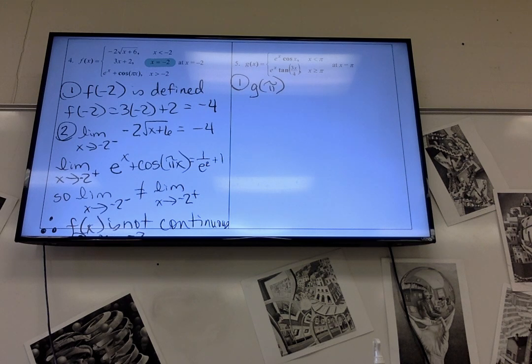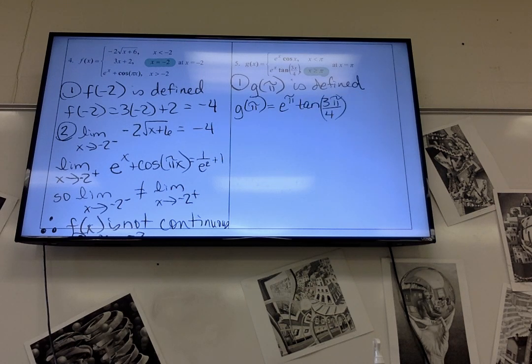Yes, let's see, actually, yes, it is, right here. It's greater than or equal to pi. So it is indeed defined. And g of pi then would be e to the pi times the tangent of 3 pi over 4.